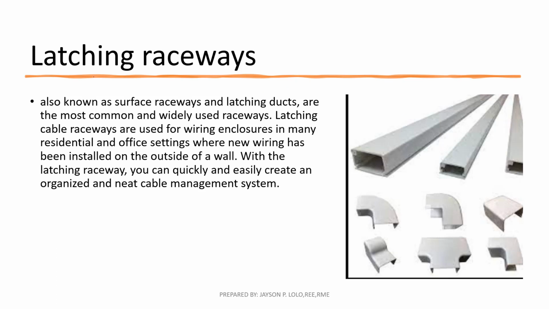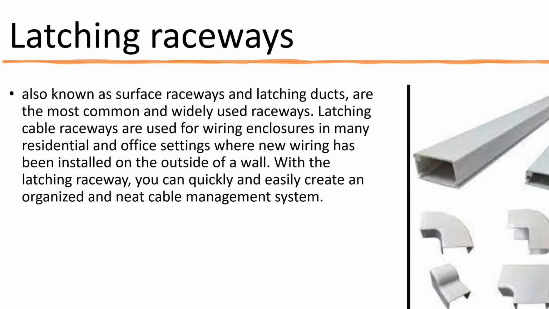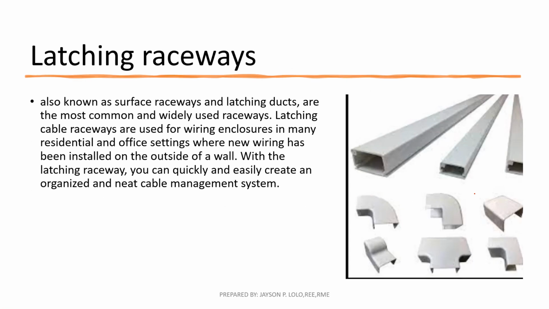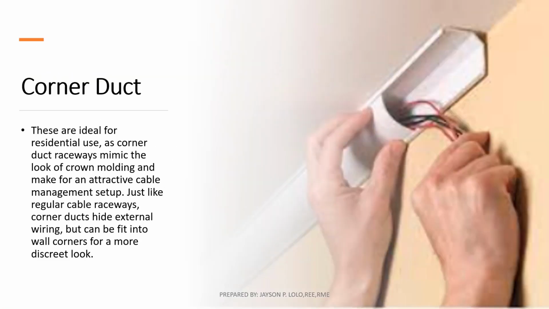It's also known as surface raceways and latching ducts. The next one is the corner duct, used for cornering. These are ideal for residential use, which is why we call it corner duct. It hides external wiring and can be fit into wall corners for a more discreet look.